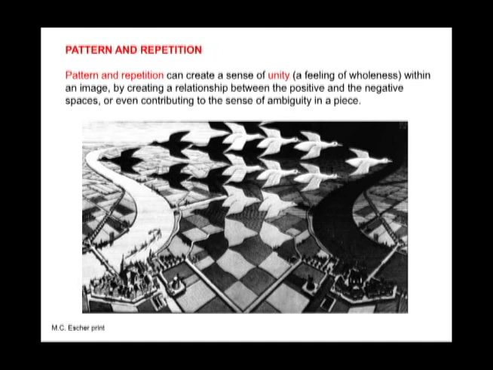I'm going to show you some more Escher here because pattern and repetition are his long suit. In this wonderful print here, he uses a special kind of pattern or repetition called tessellation. Right here in the very center, you see that the birds that are flying in different directions equal each other's negative space.